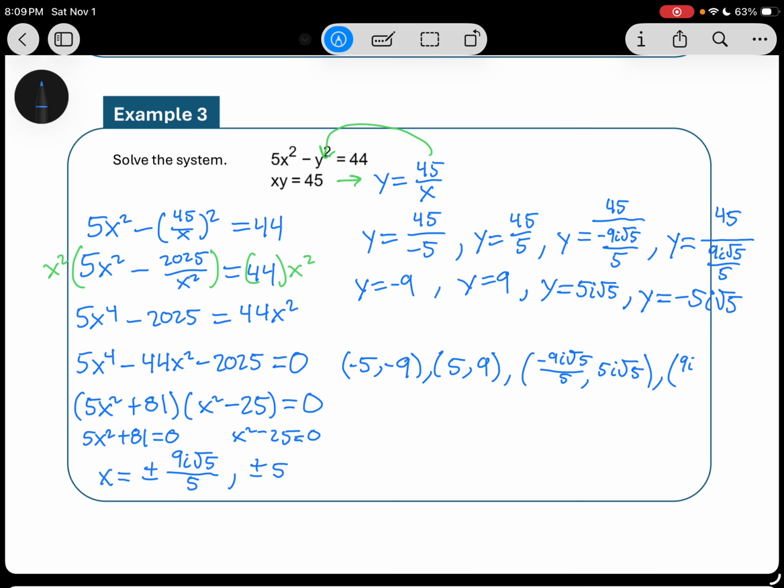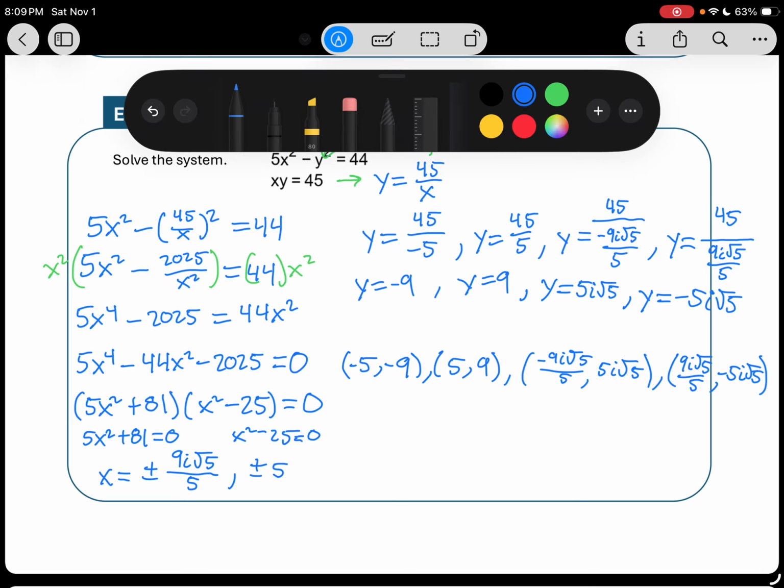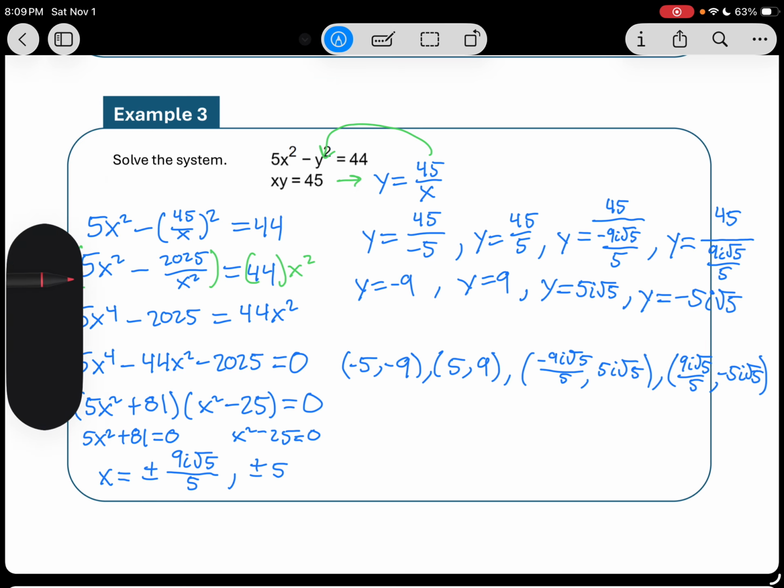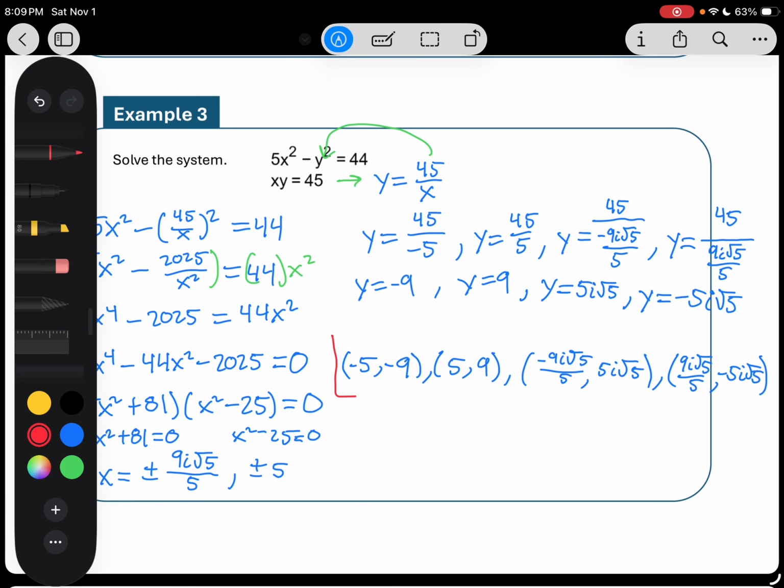And when x is +9i root 5 over 5, y is -5i root 5. So it looks very strange, those last two solutions. But those are complex solutions, so they've got i's with them.